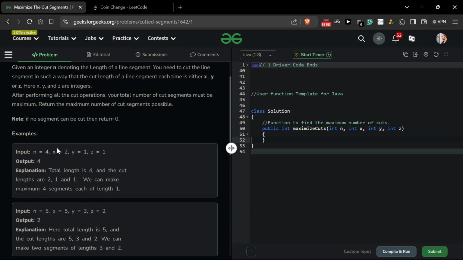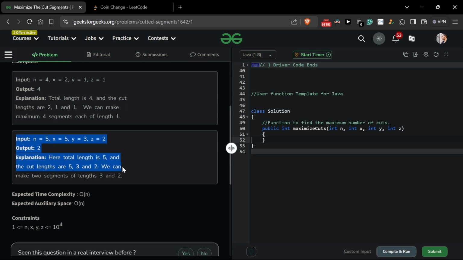For 2 length we can divide this further into 1 segments because x, y and z is 1. So we can cut and make the segments 1, 1, 1 and 1. So at the end our total answer is 4. The same goes for the second test case.